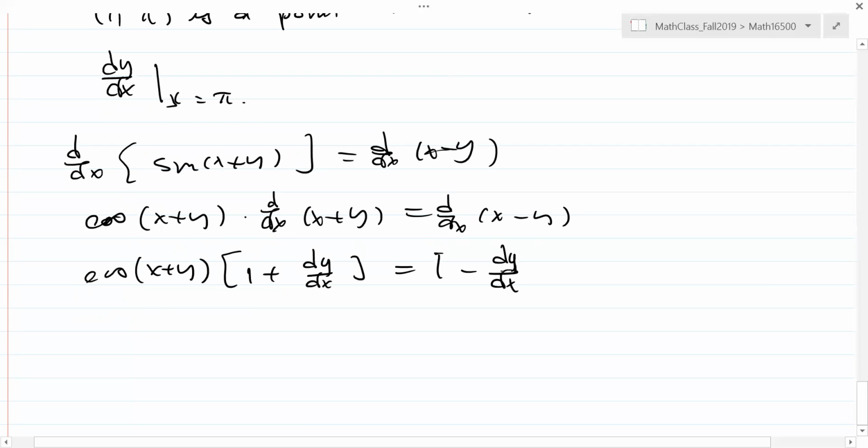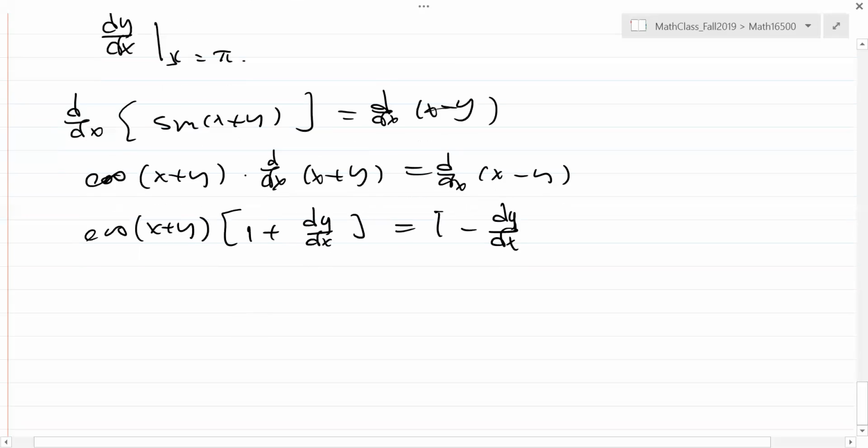If you want to find the general formula for the derivative, you just solve for the derivative. But it's not necessary to do that if you just want to find the value of the derivative at x equals pi. So first, let's find the general formula.